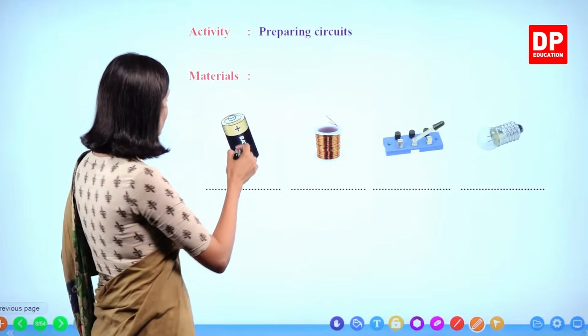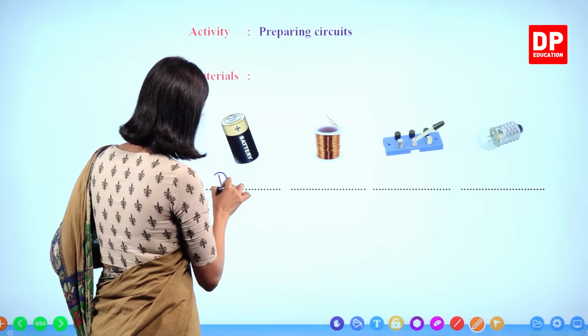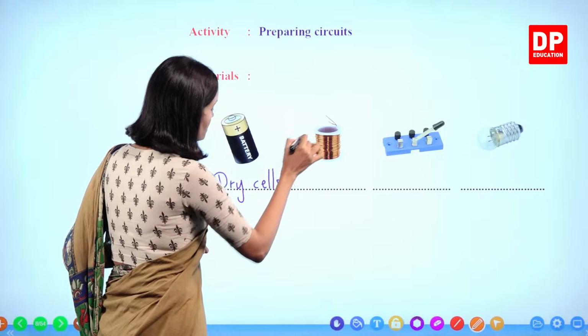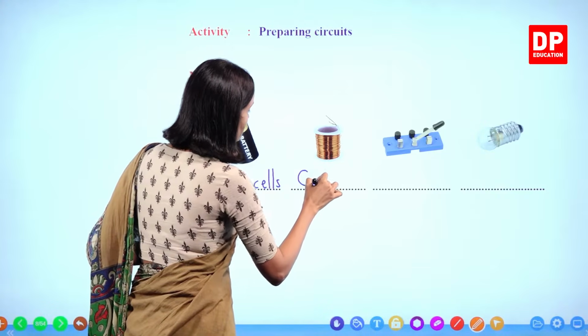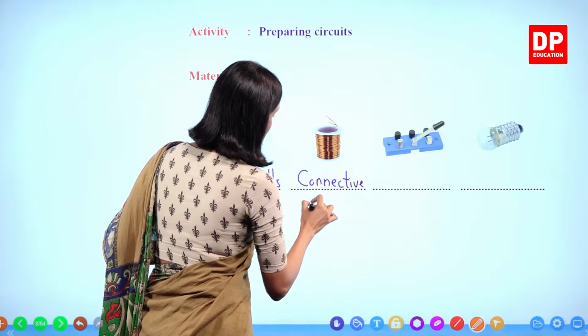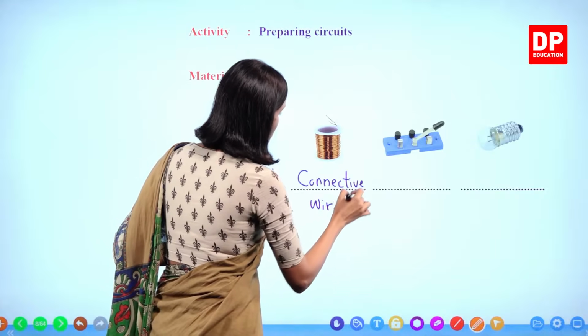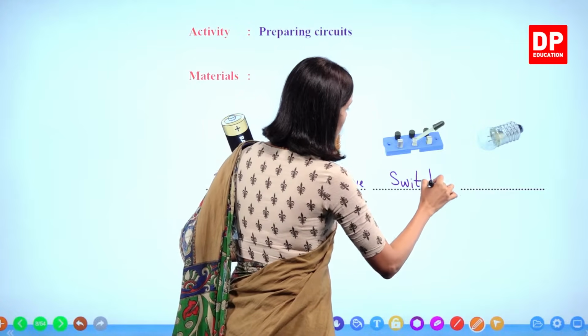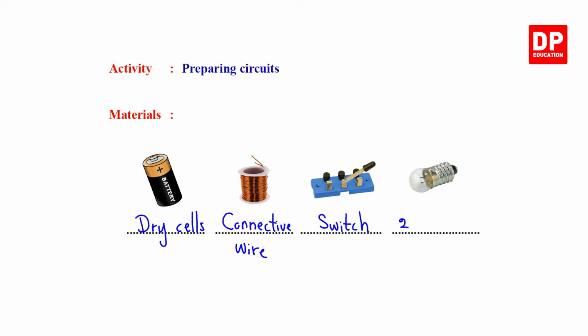Let's write. We need dry cells, connective wire, we need a switch, and we need 2 bulbs. Okay?